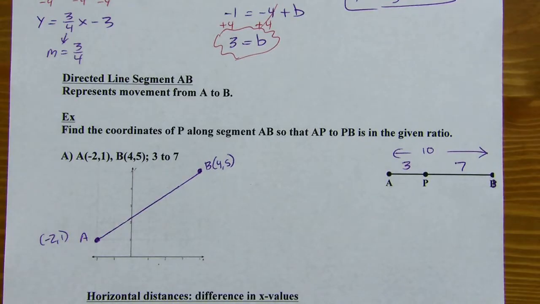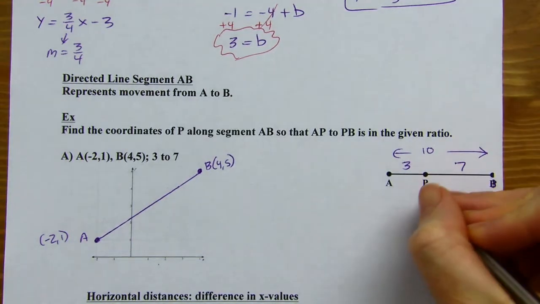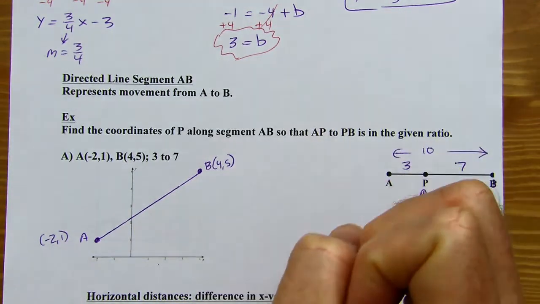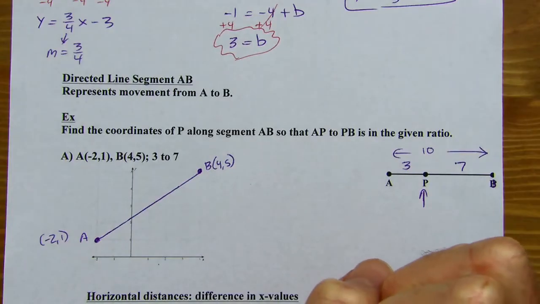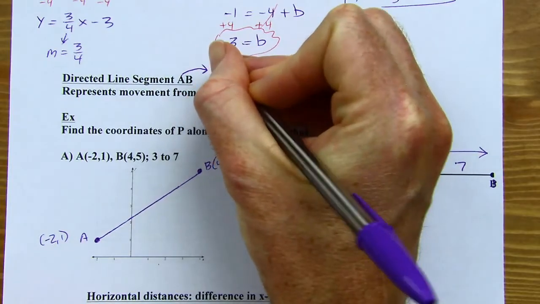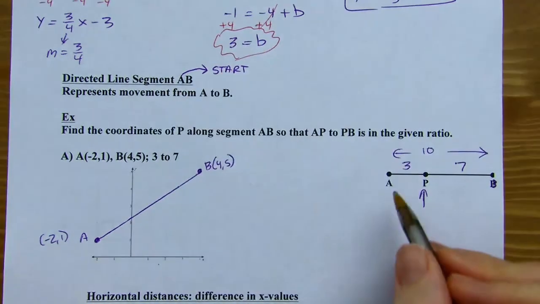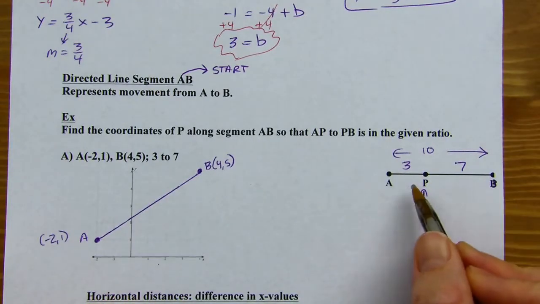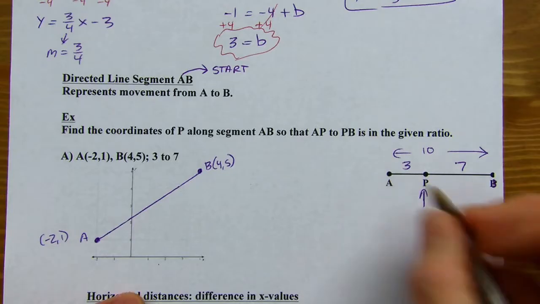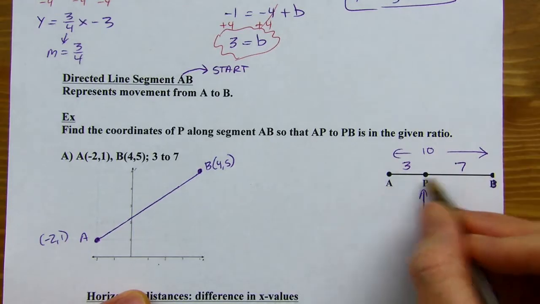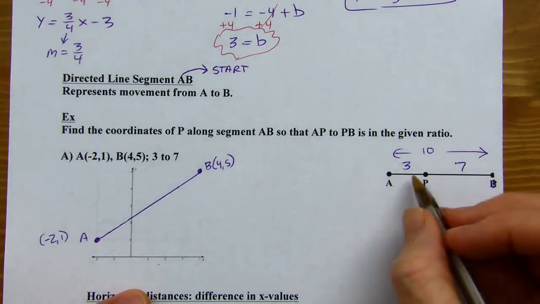Point P, if you're thinking about this as a directed line segment, it's really important that in a directed line segment, the first letter is the start. So we're going from A to B here. If it was directed line segment BA, then we'd be going in the opposite direction. But that means this is my start, and that means that P is going to be 3/10 of the way from A to B. It's not 3/7 of the way.